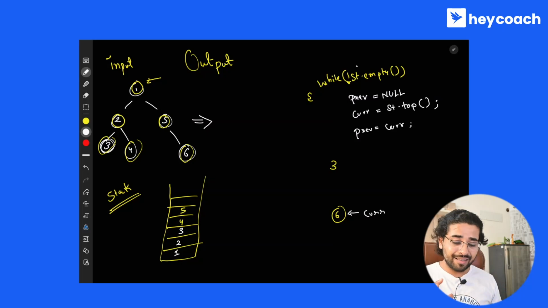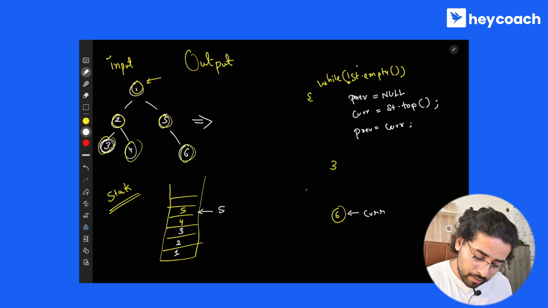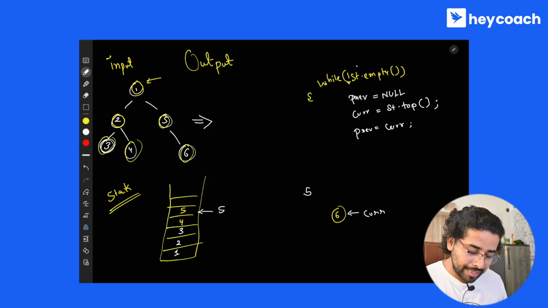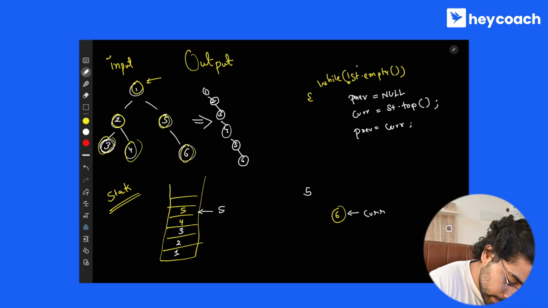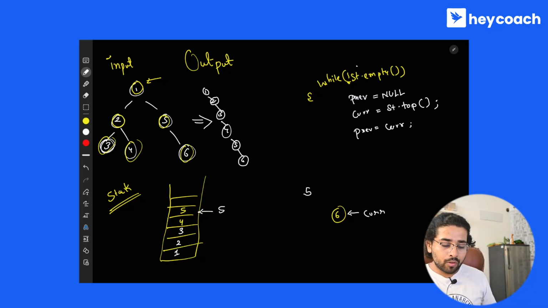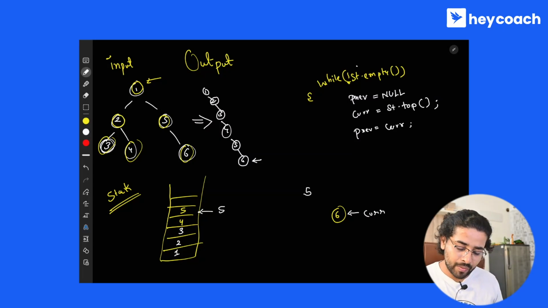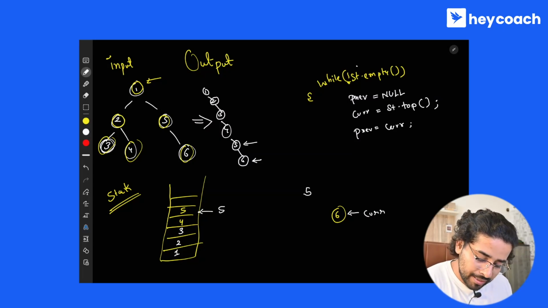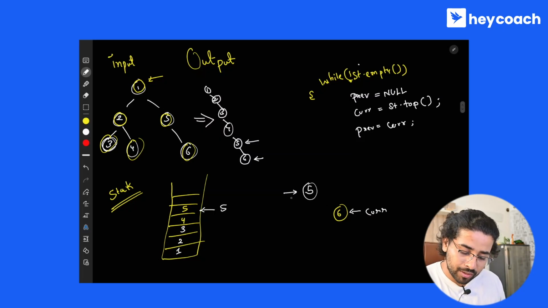Now let's consider a new value came, and the stack top is 5. The sequence of the output looks like 1, 2, 3, 4, 5 and 6. So by seeing this, 6 is here and 5 is on the stack top. Now we have to connect this 5 to this 6.